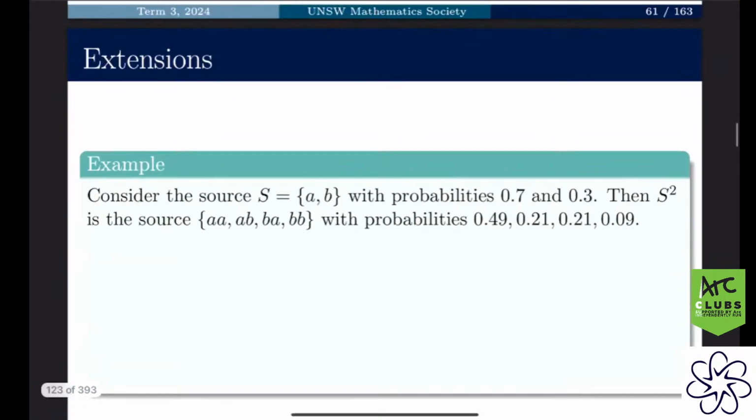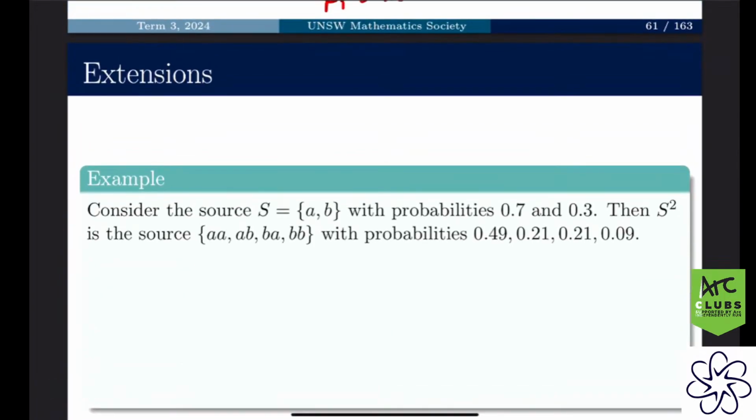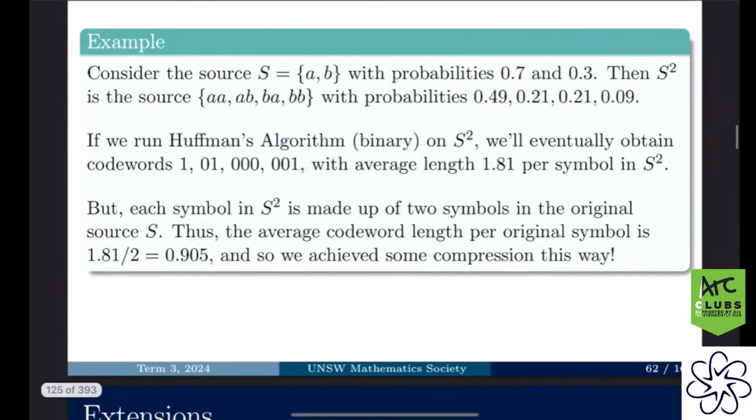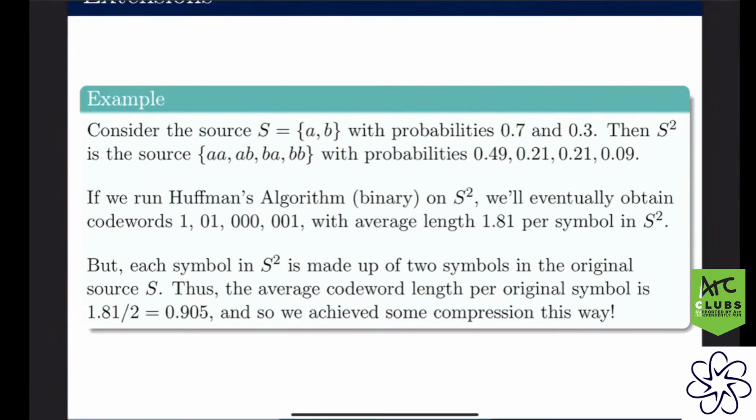All right, so here's just an example. We'll go down to the bottom so we can just look at the whole example. So consider a source S with symbols A and B and probabilities 0.7 and 0.3. Then S2, this is all the elements in S2, right? You can think of that as writing down all of the possibilities pairwise. And it has probabilities 0.49, 0.21, 0.21, 0.09.